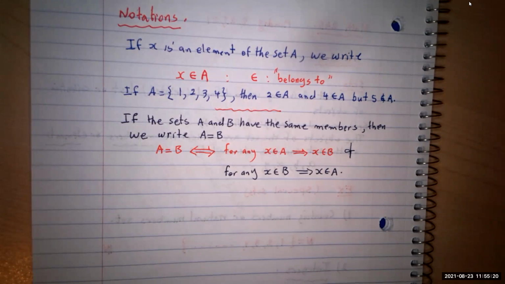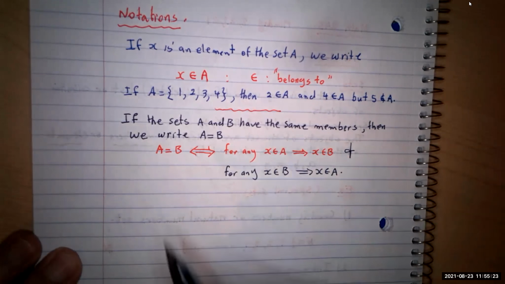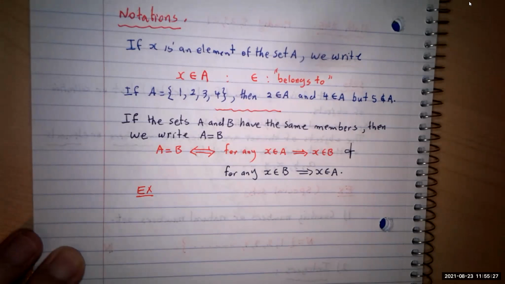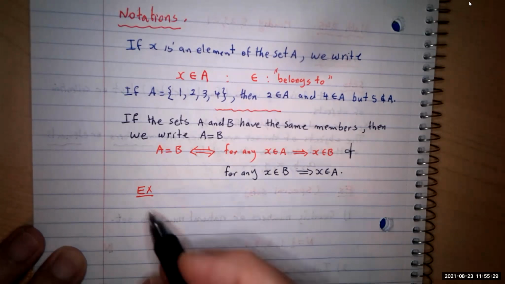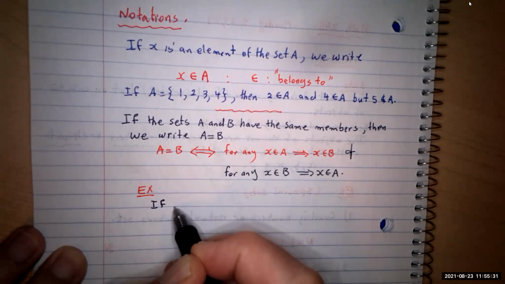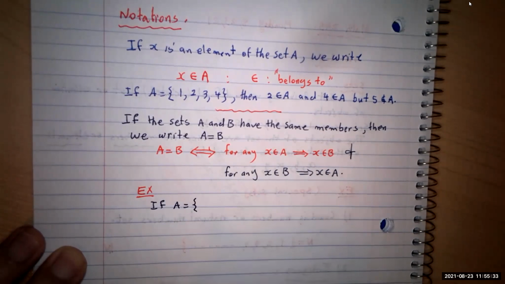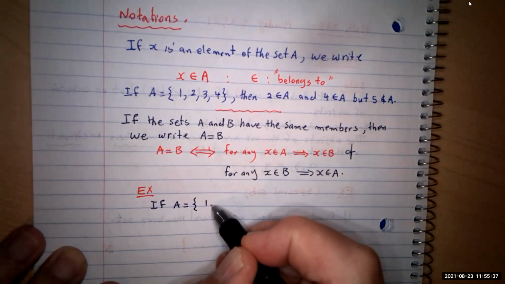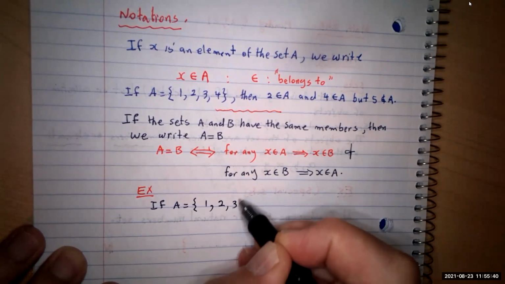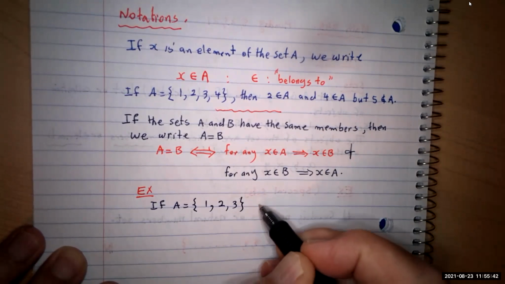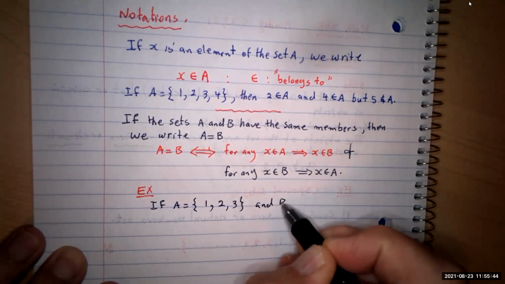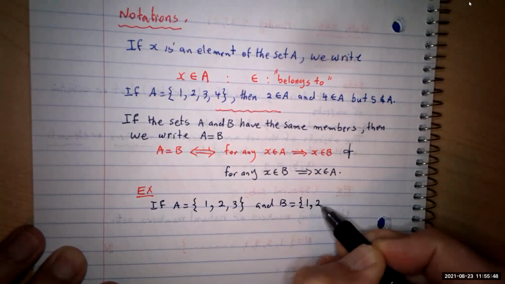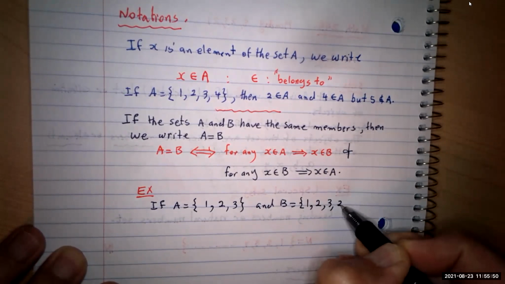Okay. And so, for example, if you look at these two sets, if A is equal to 1, 2, and 3, and then we have B, and B is equal to 1, 2, 3, and 2.